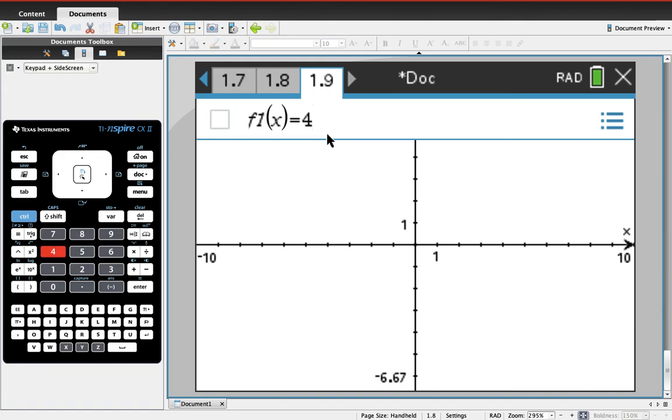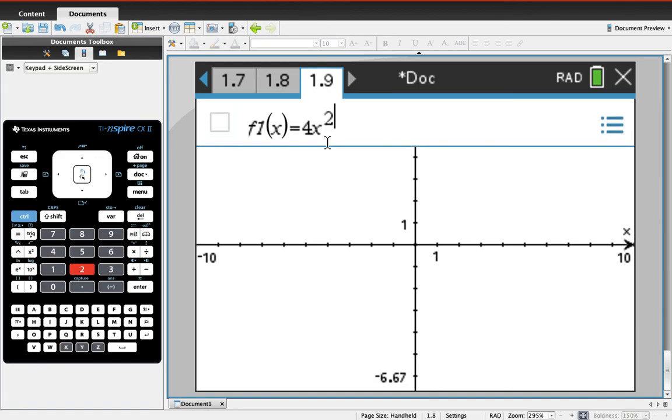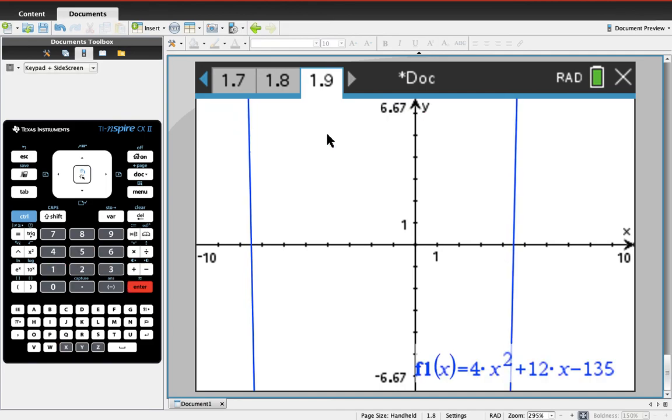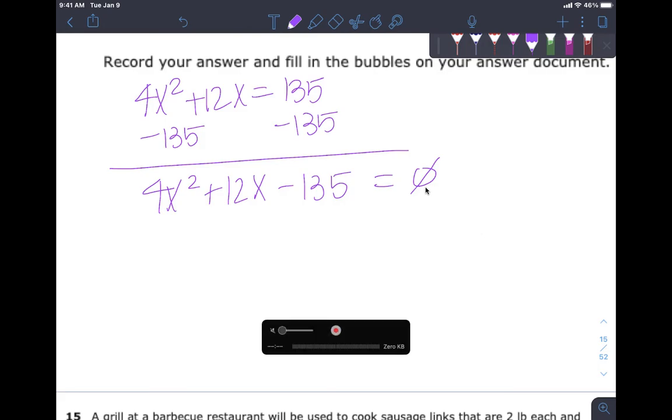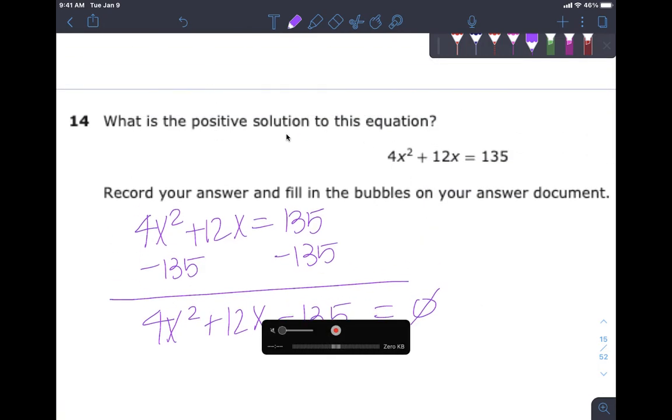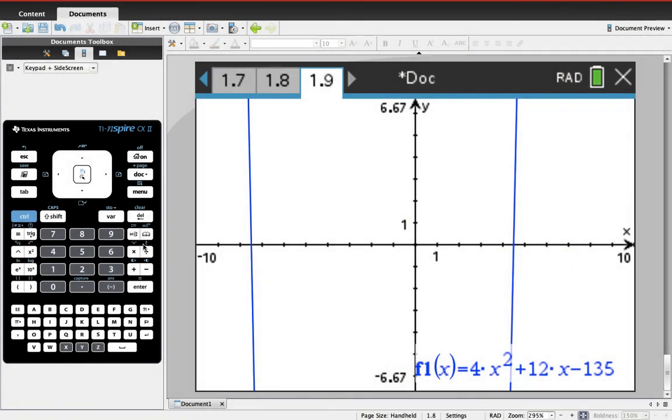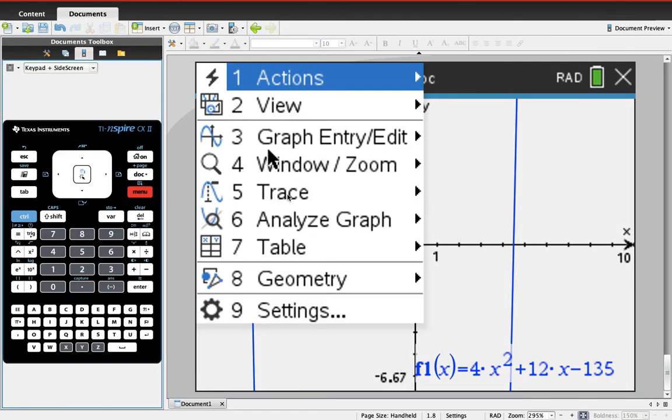So I'm going to say 4x to the power of 2 plus 12x minus 135. And it shows me 2 roots. They don't care about that negative root. They said positive solution. So I'm going to go ahead and do my graph trace.